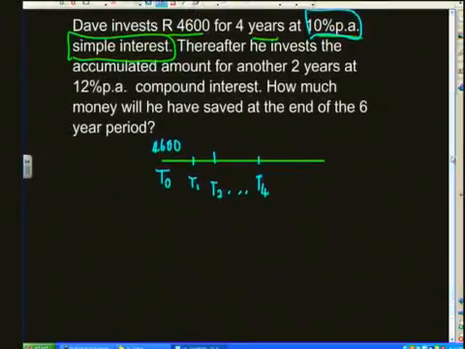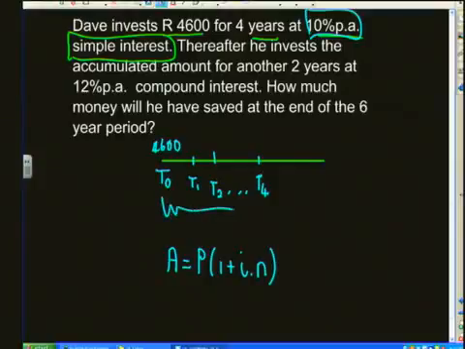Now, guys, remember, if they're talking about simple interest, the formula we're going to be using is our simple interest formula, 1 plus i times n. Okay, so that's what we're using for the first 4 years, and you've been told that the interest rate in those 4 years is 10%.